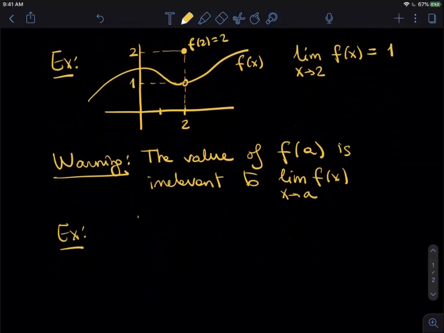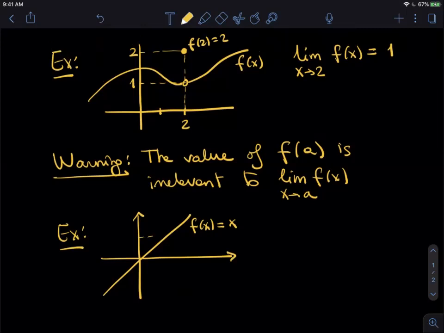Let's say now I draw the function f of x equals x, and I want to find the limit of f of x when x tends to 4. What's the limit in this case? If we approach when x moves towards 4, the values of f of x are moving towards this point here.